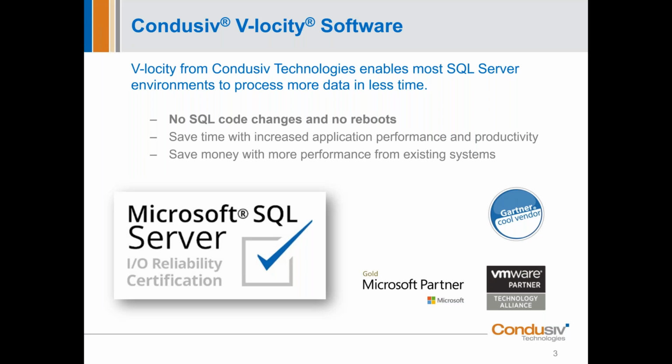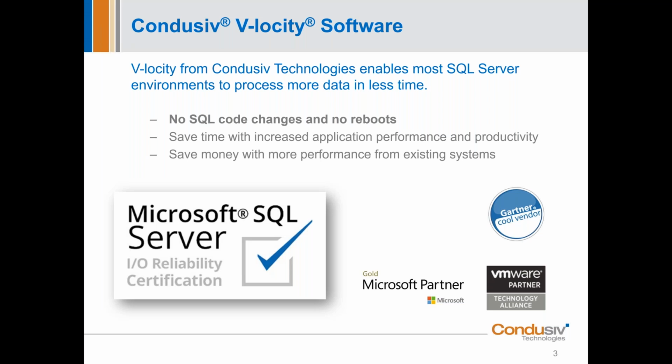Velocity can be downloaded and installed without any disruption whatsoever to live SQL servers. No SQL code changes are required and no reboots. Just simply install the software and typically you'll start seeing results in just a few minutes.